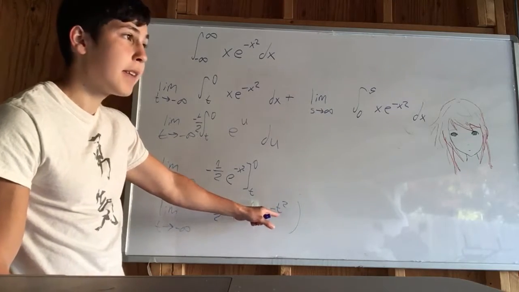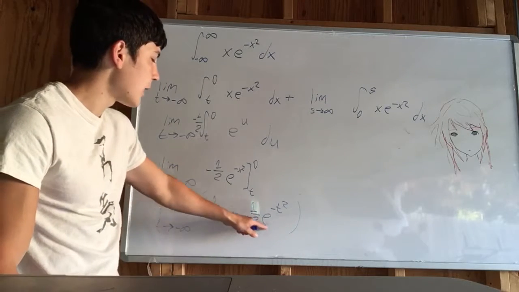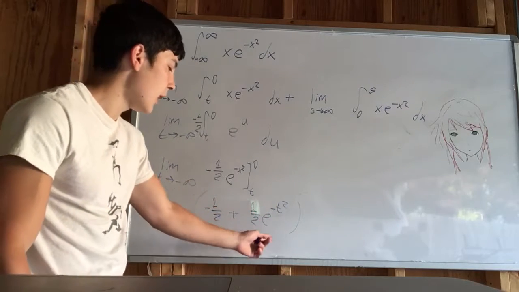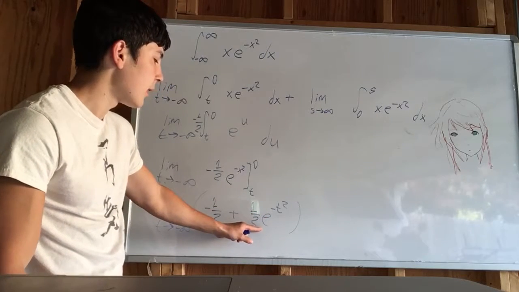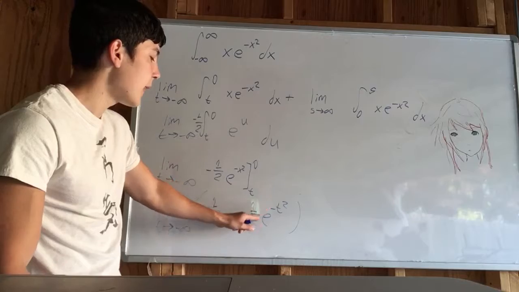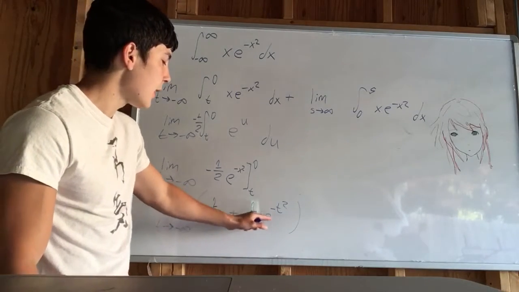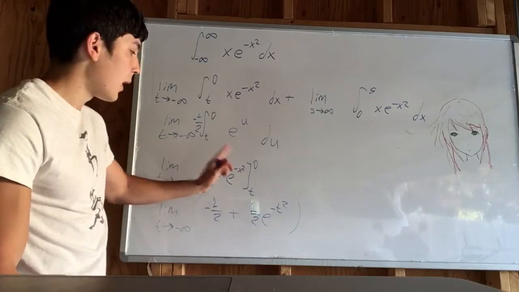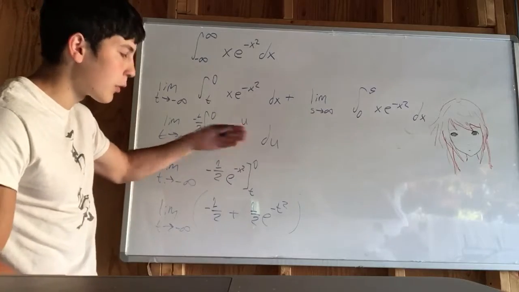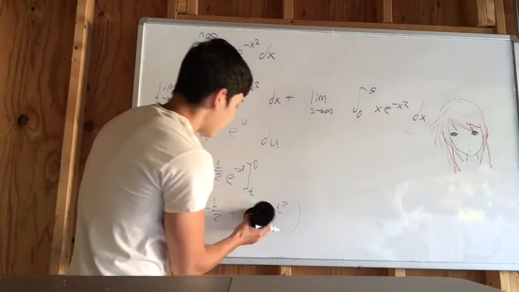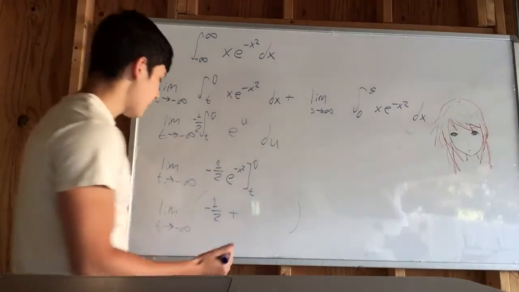If you have a negative exponent, that means that this e is in the denominator, and it's being taken to infinity. And if something in the denominator is being taken to infinity, it's going to go to 0, because it's just going to keep growing and growing and growing. And if something's divided by something that's infinite, it just becomes 0.